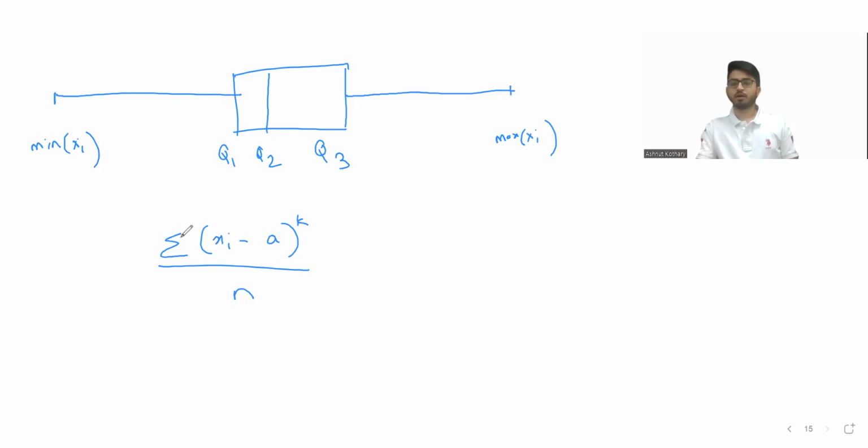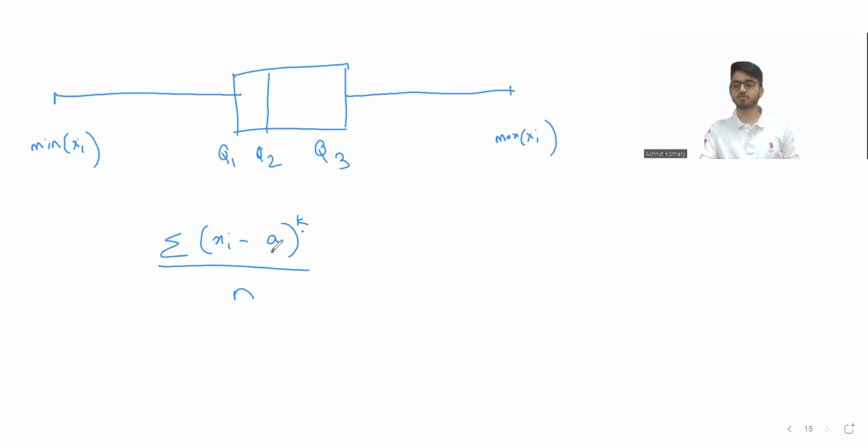So this is the formula for the kth moment about the point A. If k is 1, this is nothing but the first moment about the point A. If k is 2, it is the second moment about the point A, and so on.